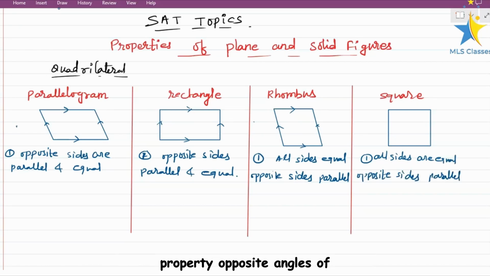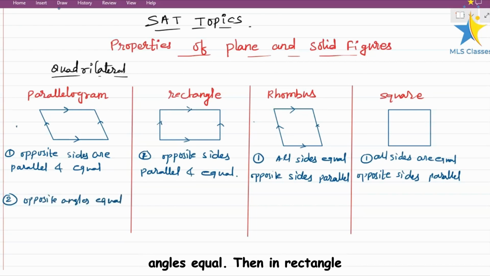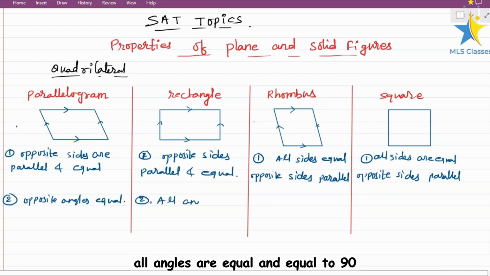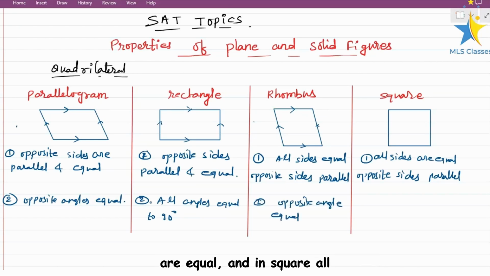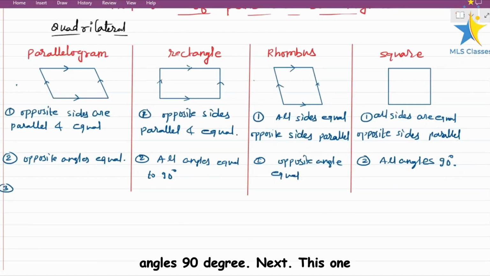Then the second property: opposite angles of a parallelogram are equal. Then in rectangle all angles are equal and equal to 90 degrees. In rhombus again opposite angles are equal, and in square all angles are 90 degrees. Next, this one is very important. In parallelogram, diagonals bisect each other.